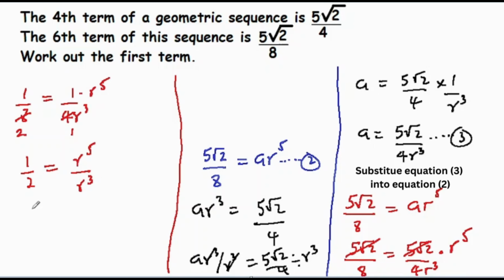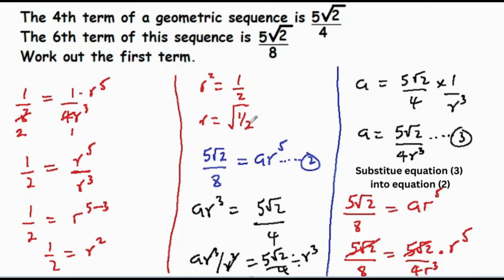So using the law of indices, they both have a common base, which is r. Then I'll pick the powers, that's 5 and 3. Because of this division sign, I'll put a negative sign here. So I'm going to have half is equal to r squared. To make r the subject of the formula, I'll find the square root of both sides, and that's going to give me r is equal to square root of half.